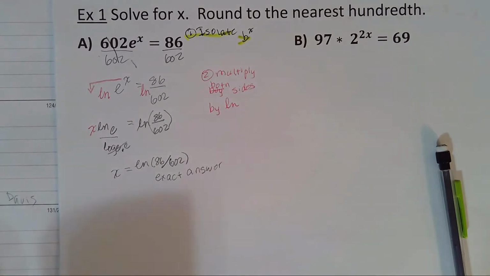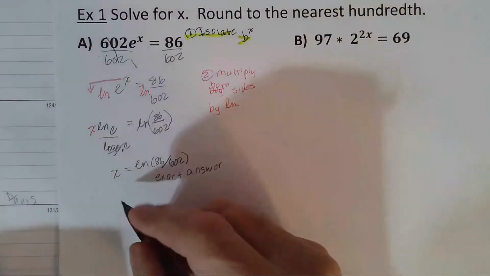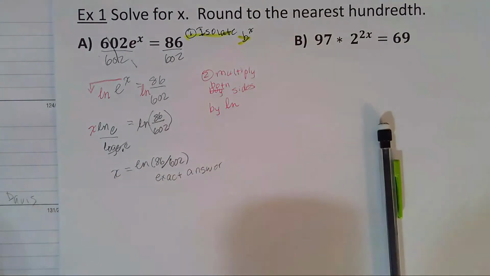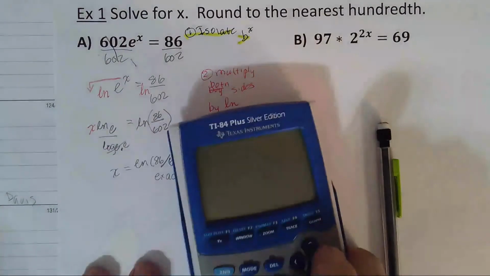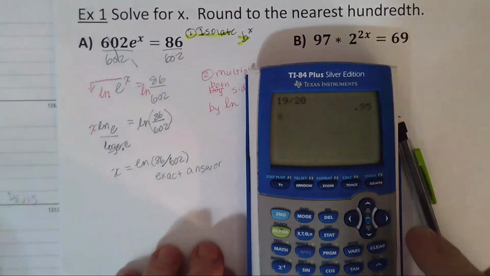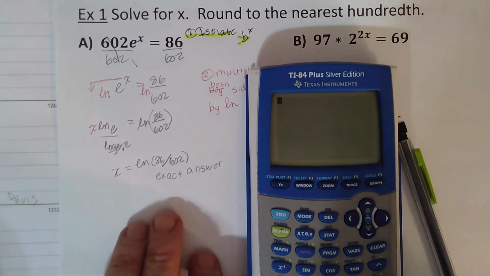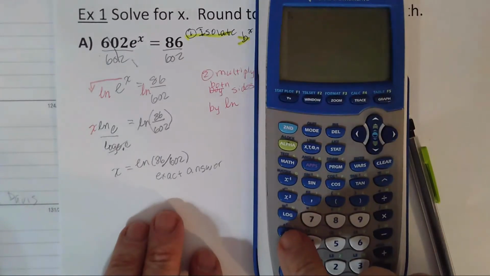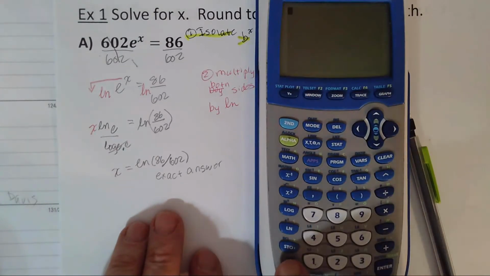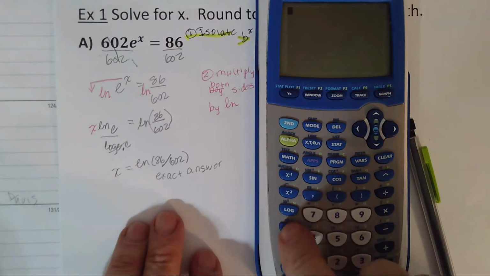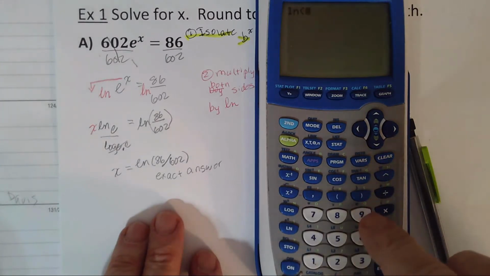But in fact, what we do when we have a natural log and we want to find out a math answer, we just go ahead and put it into our calculator. So let me clear this and type. I'm going to type natural log down here. There it is. Natural log. And then I'm going to put in 86 divided by 602.